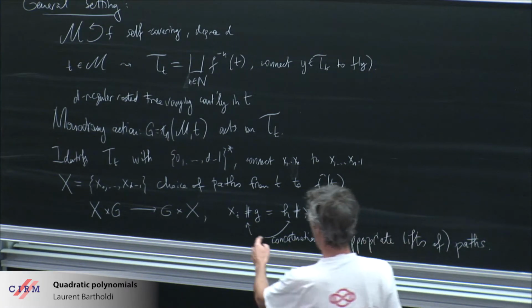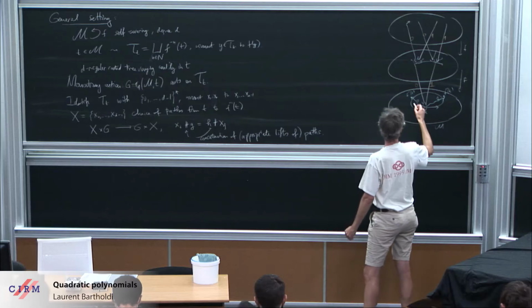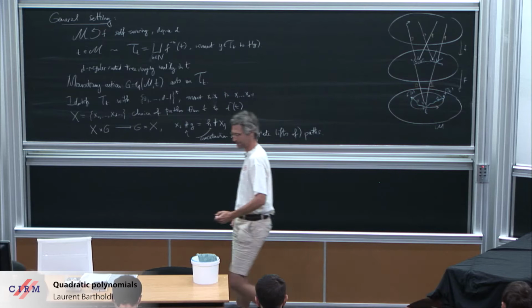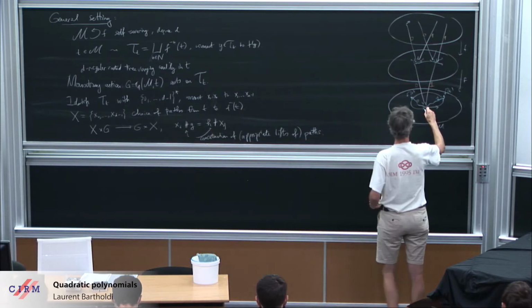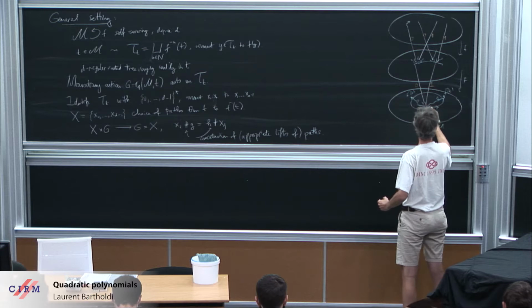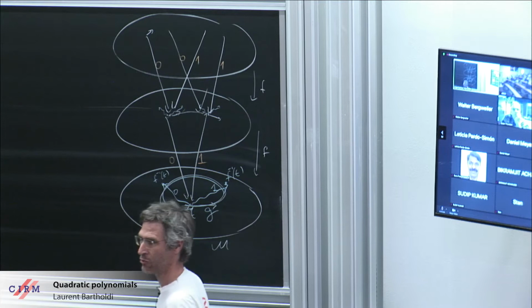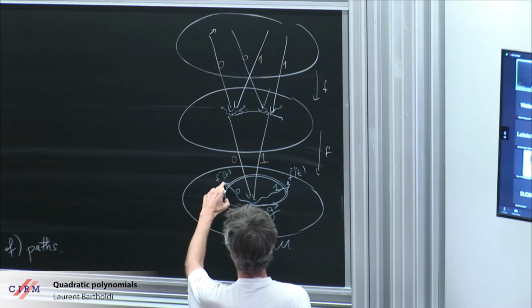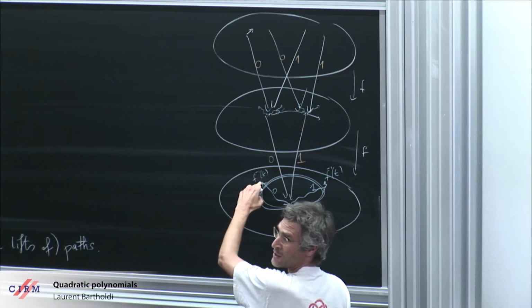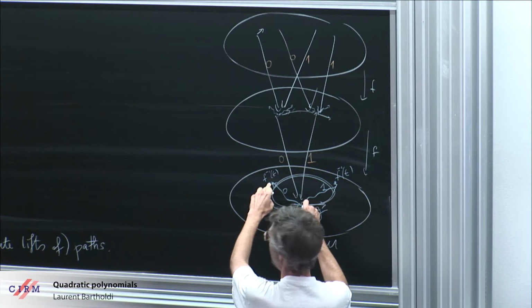So here I say I take xi, which will be maybe this path here. And then I have an element G, which is maybe this one in the fundamental group. I want to write the concatenation of this xi with G. Well, that's not possible, because xi stops here and G starts here.